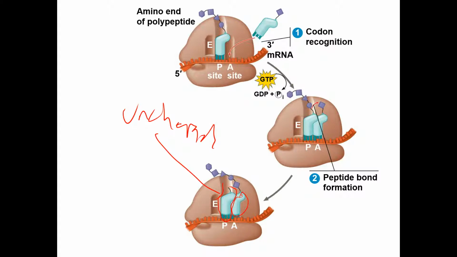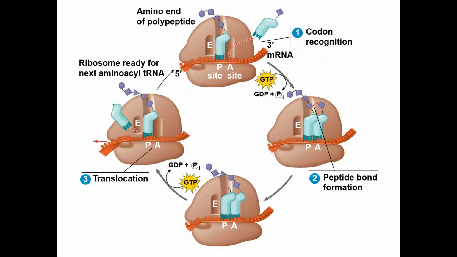Alright, so the next step is going to be the translocation step. Here, this messenger RNA molecule is actually pulled in this direction through the ribosome, one codon length at a time.